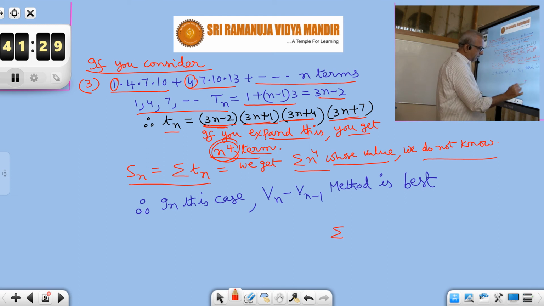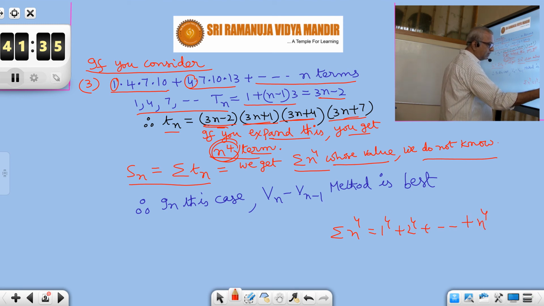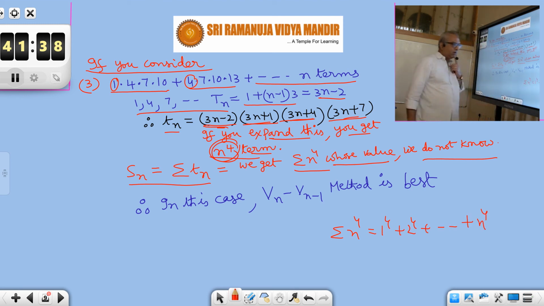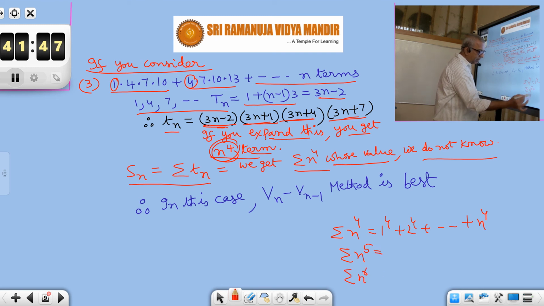Sigma n power 4 means what? 1 power 4 plus 2 power 4, so on up to n power 4. For that we have not found any formula. We can find a formula for sigma n power 4, sigma n power 5, sigma n power 6, etc. But they are very tedious formulas. We can find, but finding them is also difficult, and also the formulas will be most complicated.